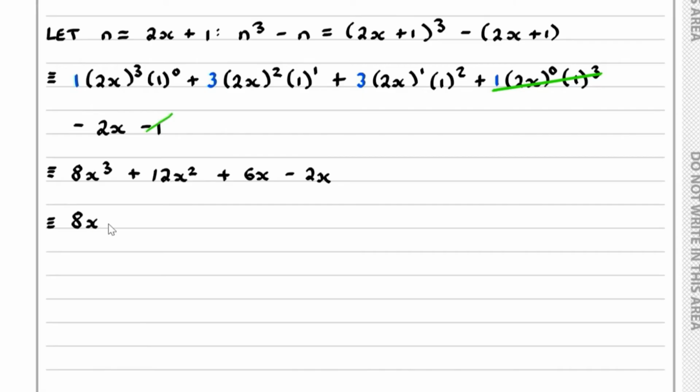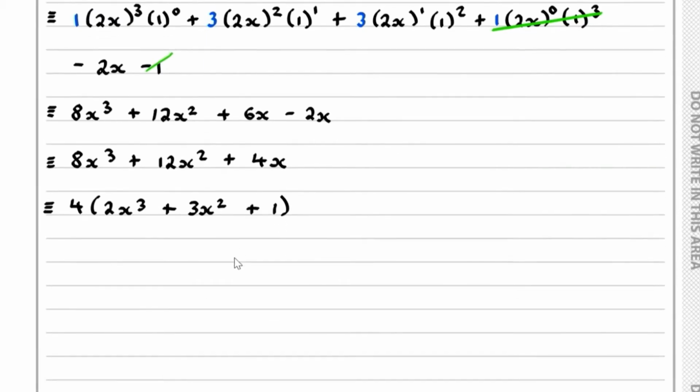So we have 8x cubed plus 12x squared plus 4x. And if I take out a 4 as a common factor, we've got 4 lots of 2x cubed plus 3x squared plus 1. So what we have here then is 4 lots of an integer, because x is an integer, so 2x cubed plus 3x squared plus 1 is also an integer. And this result here is a multiple of 4.